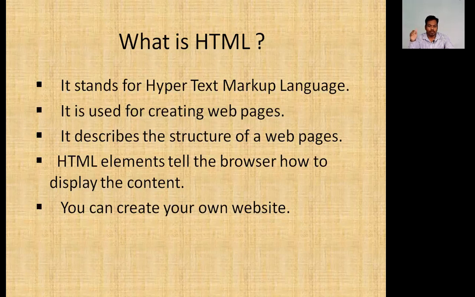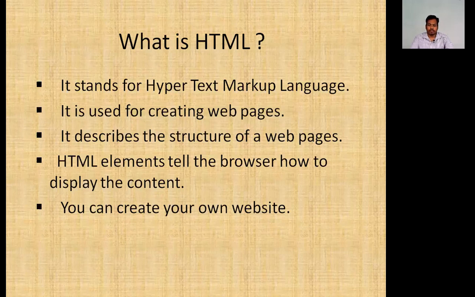And in some page you will pop up some kind of form. So what are all these? You are describing the different structures on different web pages. Okay, so this can be done using HTML. HTML elements tell the browser how to display the content.